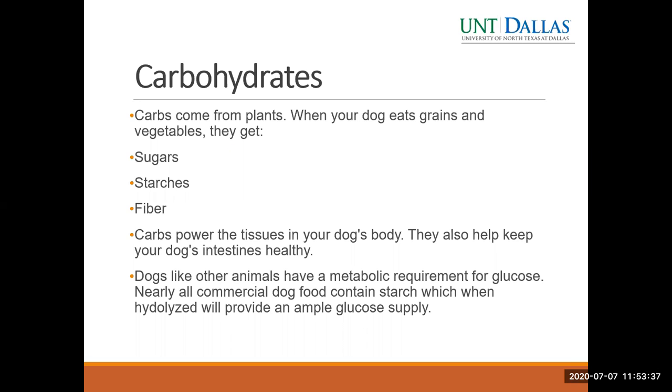The carbohydrates actually come from plants when your dog eats the grains and vegetables, for example, the sugars, starch, fiber. Carbohydrates also power the tissues in your dog's body, and they keep your dog's intestines healthy. So nearly all commercial dog food contains starch, which when hydrolyzed will provide ample glucose supply.